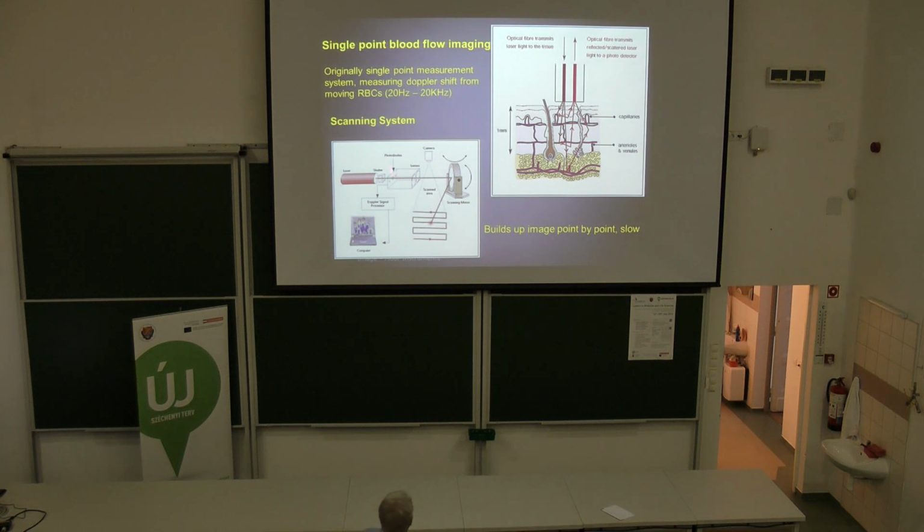So therefore, a lot of companies started to overcome this problem with the so-called scanning system, where the image is built up step by step, and bigger areas are scanned.